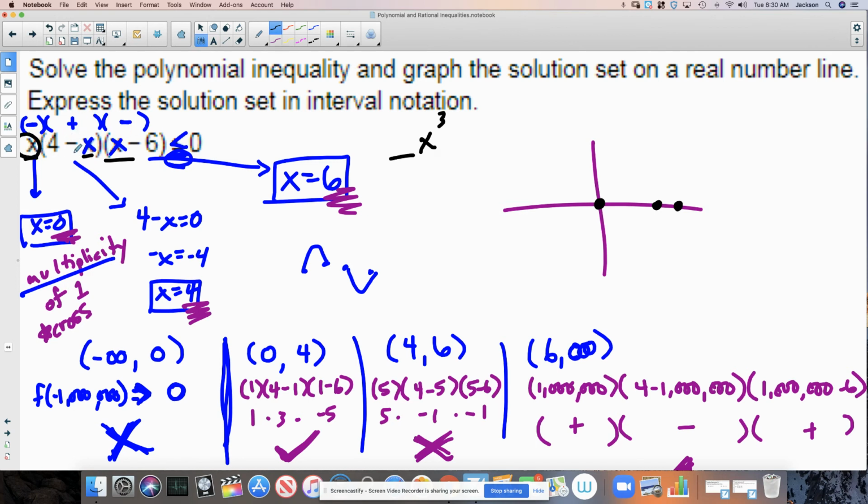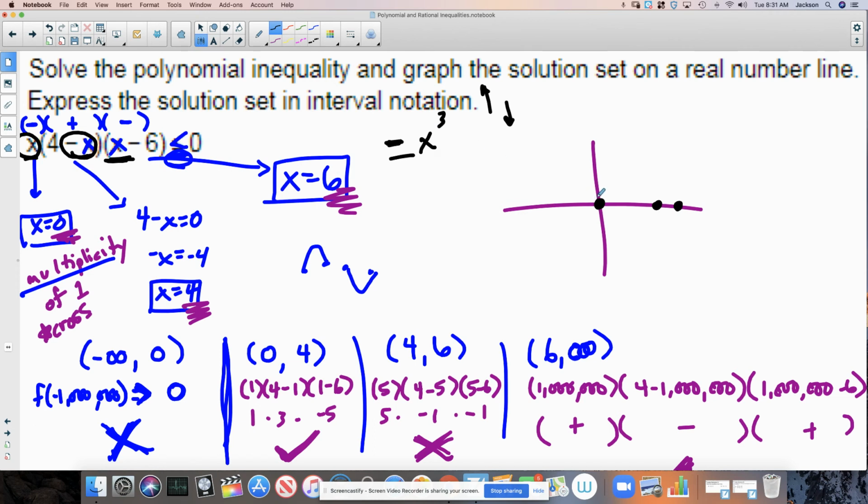I'd do x times negative x at some point, which is negative x squared, and then I'd multiply that times this x. So the leading coefficient is negative. What does that tell me about this function? That tells me its end behavior looks like this, right? And again, this all goes back to what we were talking about before, about end behavior, leading coefficient, degree, all of that stuff.